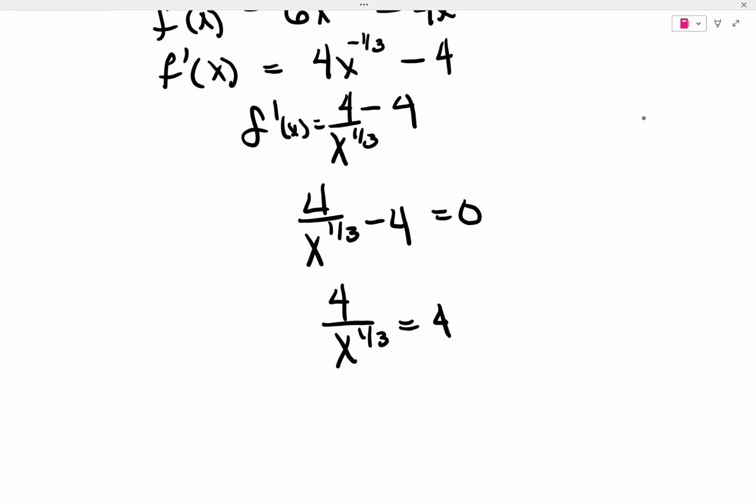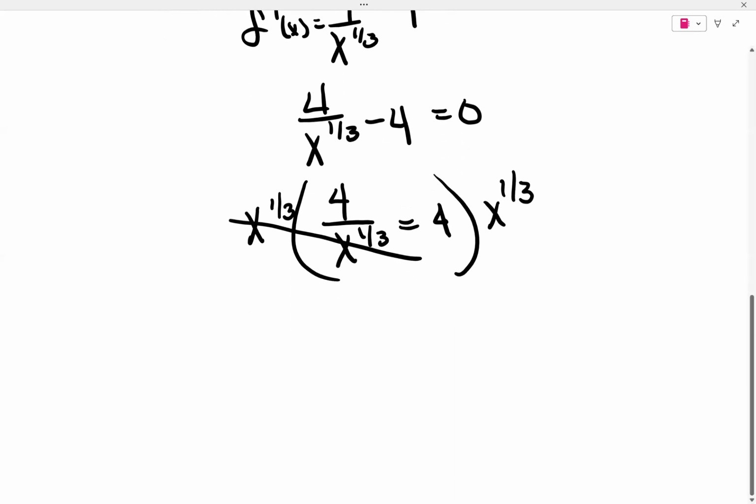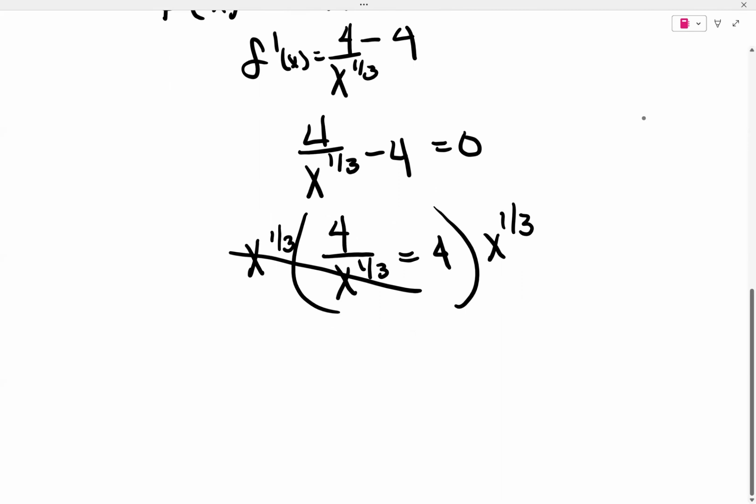And if we multiply this by x to the 1/3 on both sides, this will cancel it on this side, leaving you 4 equals 4x to the 1/3.